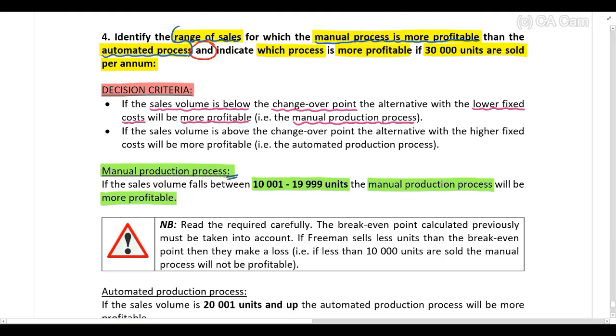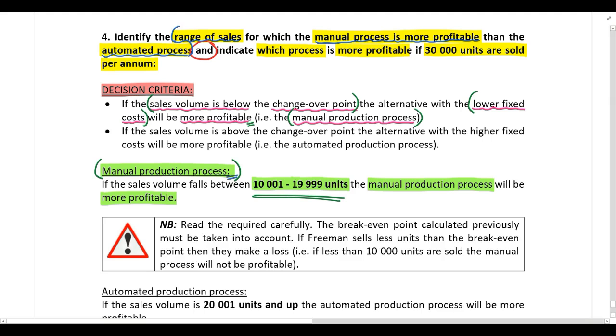The reason why the manual production process is more profitable is because the sales volume is below the changeover point. So if the sales volume is less than the changeover point of 20,000 units, then the alternative with the lower fixed costs will be more profitable. So the manual production process has lower fixed costs, and the manual production process is therefore more profitable if the company sells less than 20,000 units.